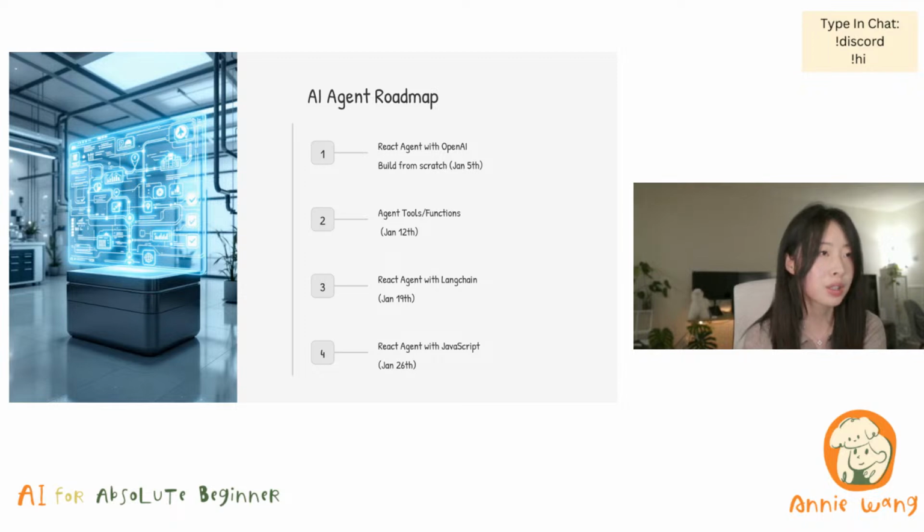And in 2 weeks, I'm gonna build React agent with LangChain live together with you. And at the end of January, I'll build a React agent with JavaScript. So they're just different hands-on projects to help you understand what is AI agent, how does it work, how to put it into practice.